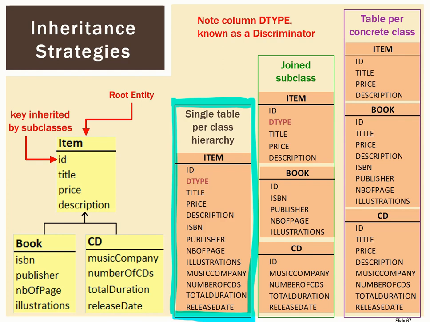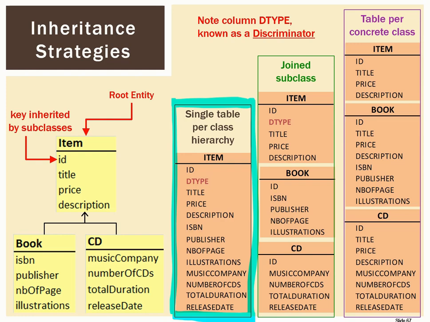The other thing that's discouraging about a single table per class hierarchy is that there's no differentiation. I guess you assume it's a book if you see an ISBN number. I guess you assume it's a CD if you see the number of CDs field. That's not a good way to handle this. And so you'll notice that in red, there's this field called D-type.